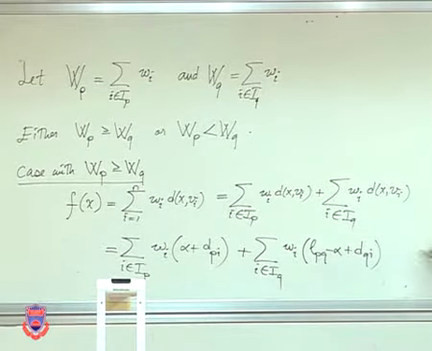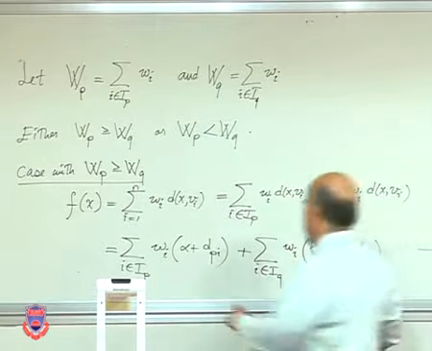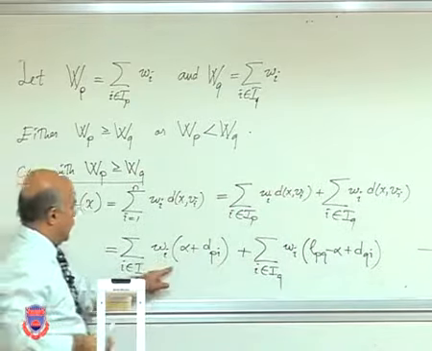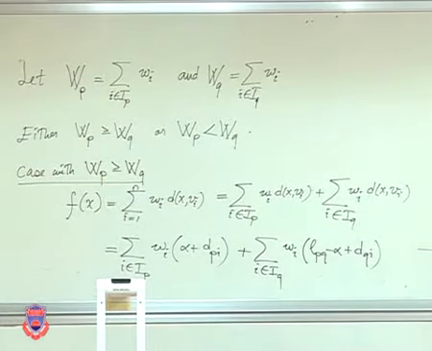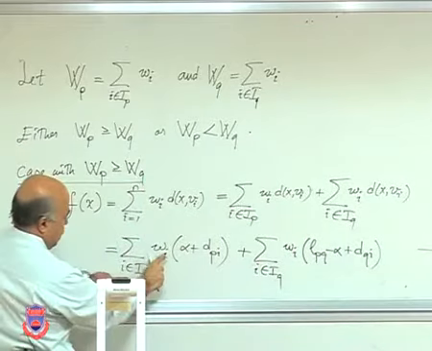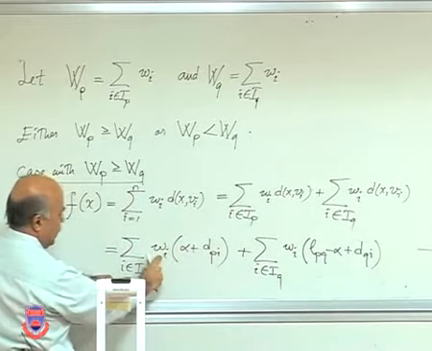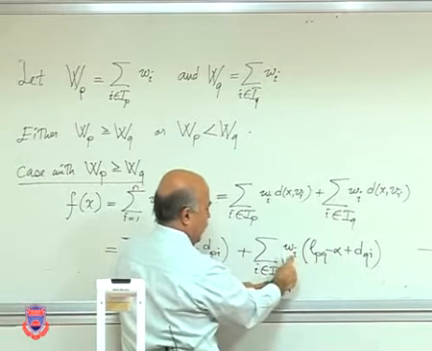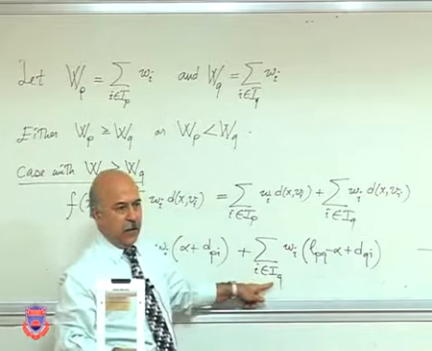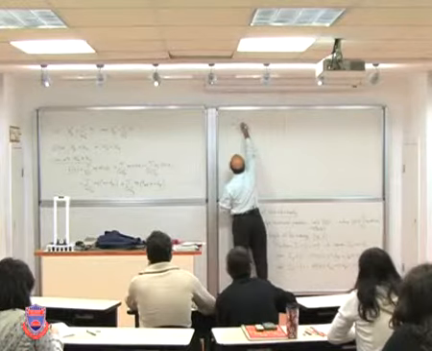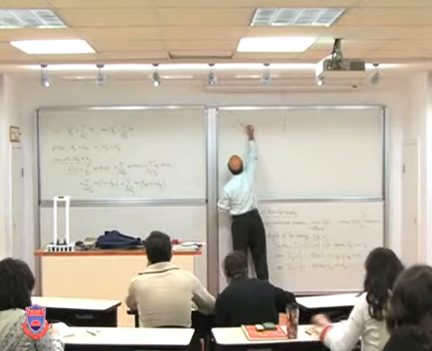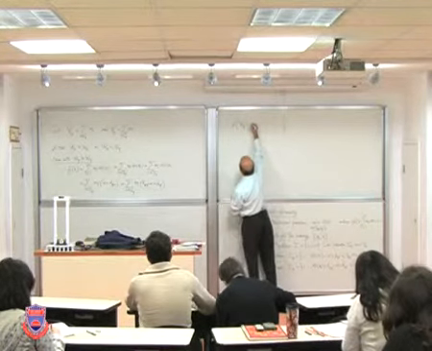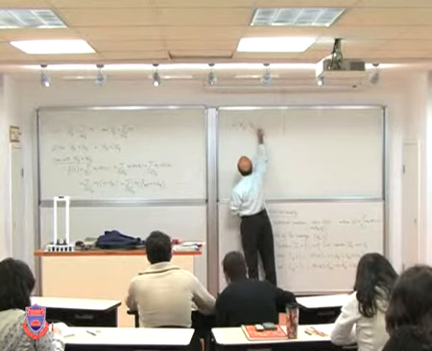So I'm continuing from here. This gives me alpha times the sum of the weights Wi in IP, and over here we have minus alpha times the sum of the weights in IQ. So alpha times WP, the total weight for the P side, minus the total weight for the Q side.